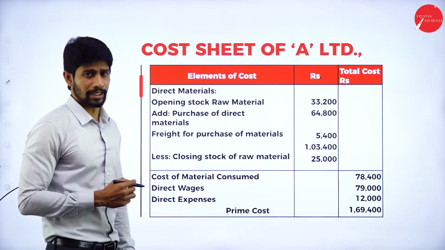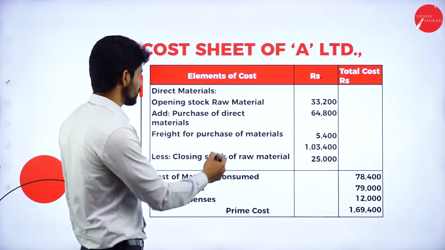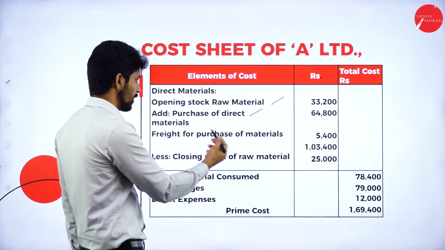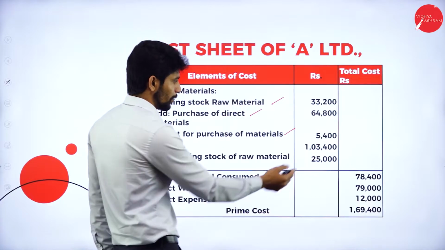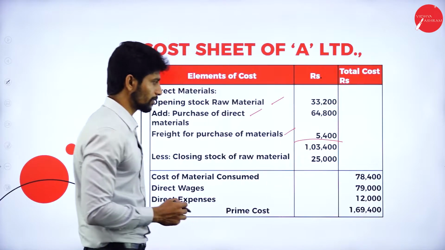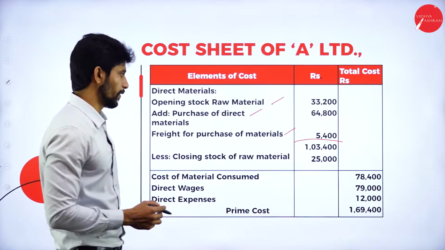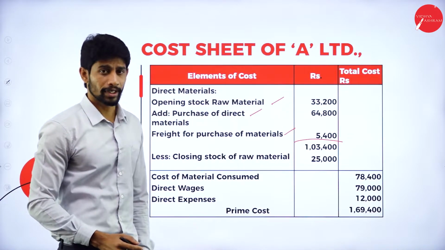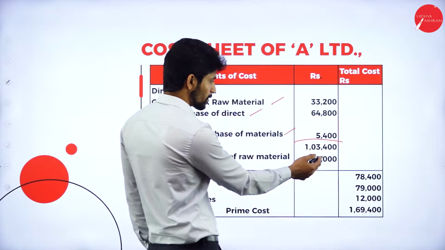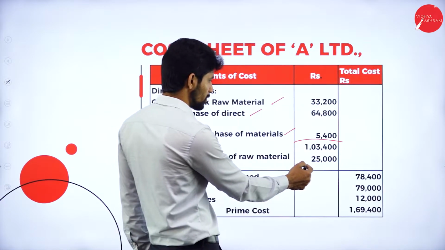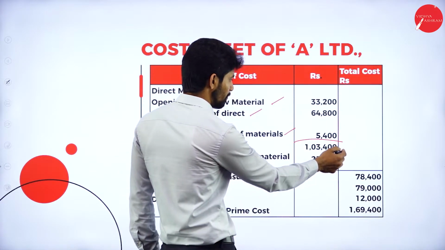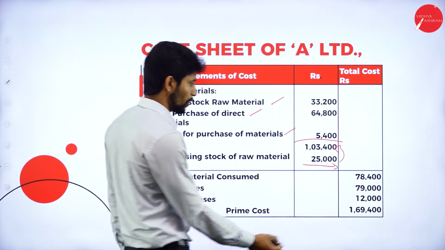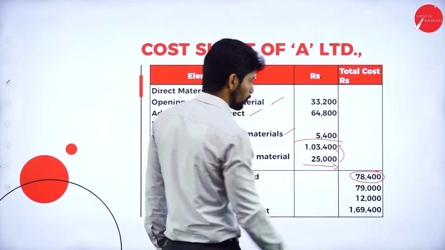So direct materials: first opening stock of material, next add purchase, next add freight charges. You will get the total, 1,03,400. So 1,03,400 less closing stock of raw materials of rupees 25,000, which is given in the problem, you will get balance of 78,400.